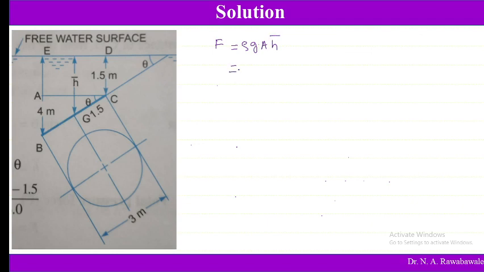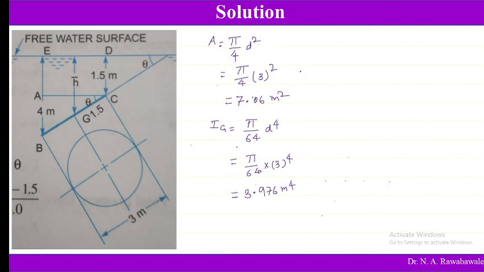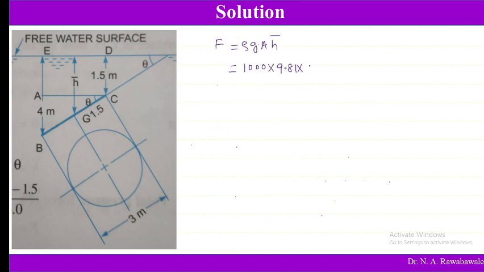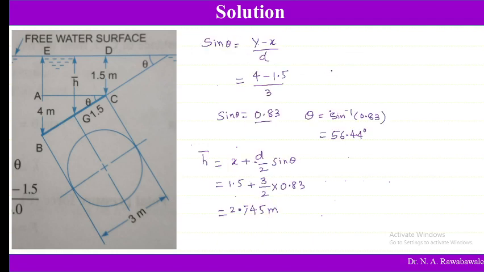Here the liquid is water, therefore the density is 1000 kg per meter cube. Acceleration due to gravity is 9.81, into the area we just calculated as 7.06, into h bar, which we have calculated as 2.745.